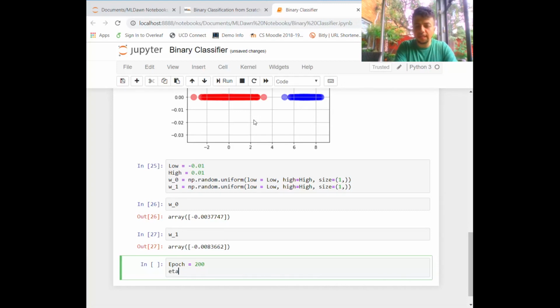So your eta, let's start it with 0.001. And remember that usually we have this idea of updating your eta, your learning rate, as a function of time. In the beginning it might start with a very, very small value, but gradually as you train, it could increase, so you will be more and more confident in your step size.